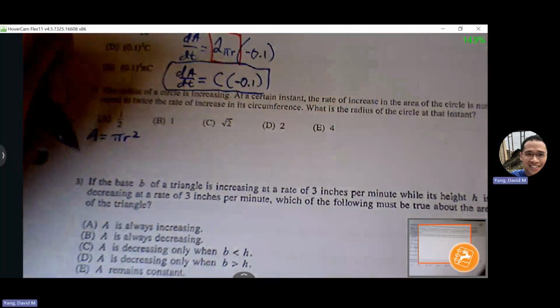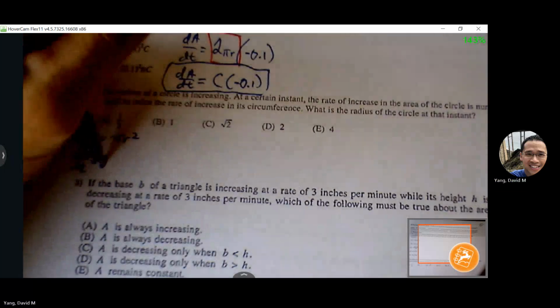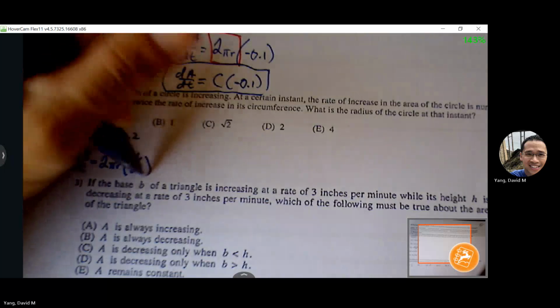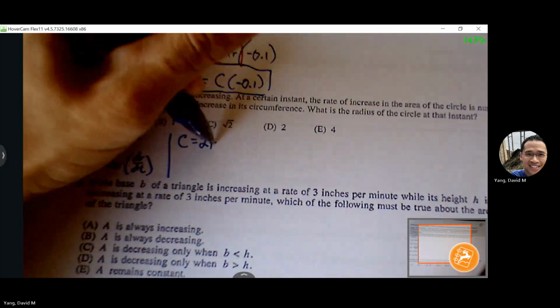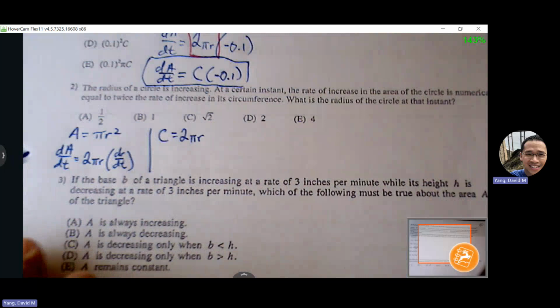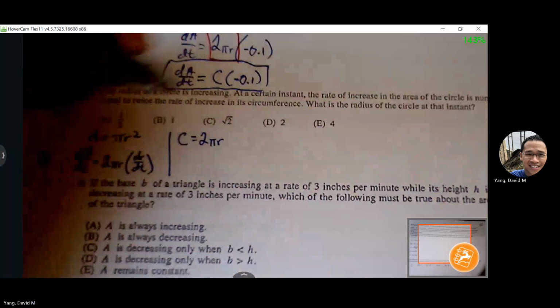Just copy what I did from above, right? dA/dt. Okay, let's find the derivative for circumference in relation to time. So C becomes what?